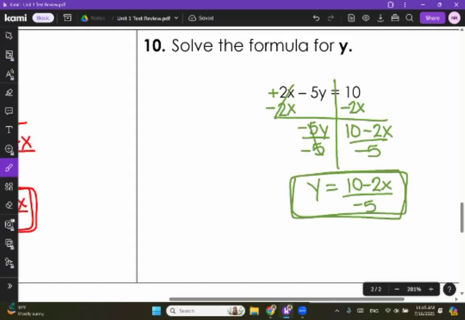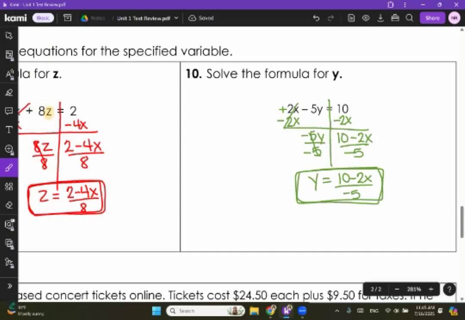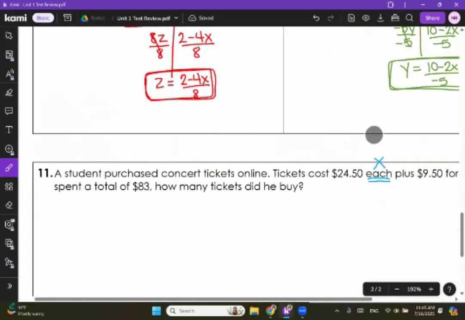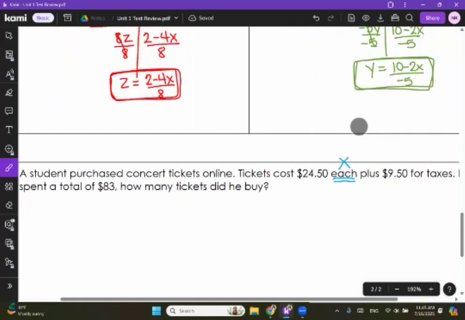And very last problem. Whew. A student purchased concert tickets online. Concert tickets cost $24.50 each. Okay, so each ticket costs $24.50 plus $9.50 for taxes. If he spent a total of 83, how many tickets did he buy?